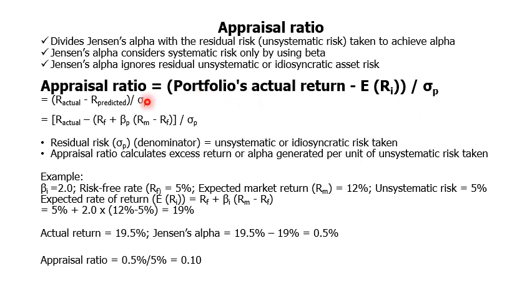We can rewrite this formula as R actual minus R predicted divided by sigma p, or R actual minus [RF plus beta p into (Rm minus Rf)] divided by sigma p. The residual risk sigma p in the denominator is the unsystematic, or idiosyncratic, or diversifiable risk taken. The appraisal ratio calculates excess return, or alpha, generated per unit of unsystematic risk taken.